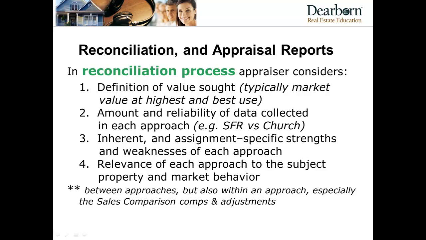Others, say the value of a tennis court, where you may not have a lot of data, may be a more difficult adjustment to support, and maybe one you would have less confidence in and choose to give less weight in as you do the reconciliation and decide which comparables to give more weight to and which approach to give more weight to.